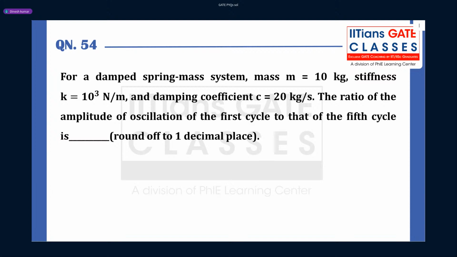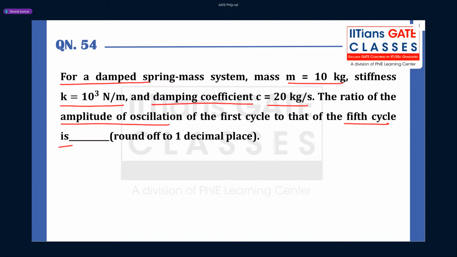What does it say? For a damped spring mass system, mass m equal to 10 kg, stiffness k equal to 10 to the power 3 Newton per meter, damping coefficient c equal to 20 kg per second. The ratio of amplitude of oscillation of the first cycle to that of the fifth cycle is?